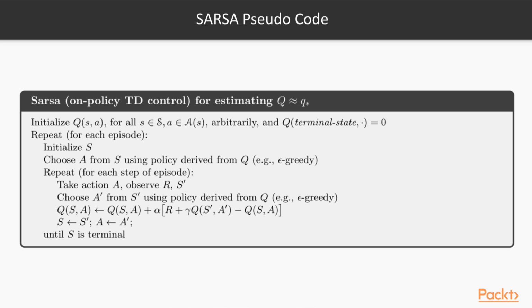As usual, we follow the pattern of generalized policy iteration, but this time using temporal difference methods for the prediction. And as with Monte Carlo methods, we face the need to trade off exploration and exploitation. Again, approaches fall into two main classes: on-policy, which is the SARSA method, and off-policy, which is the Q-learning method, which we will talk about shortly.